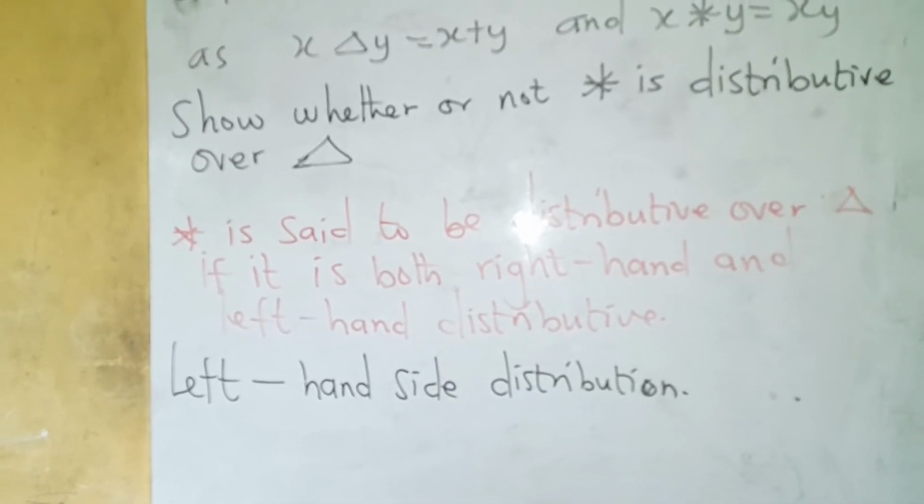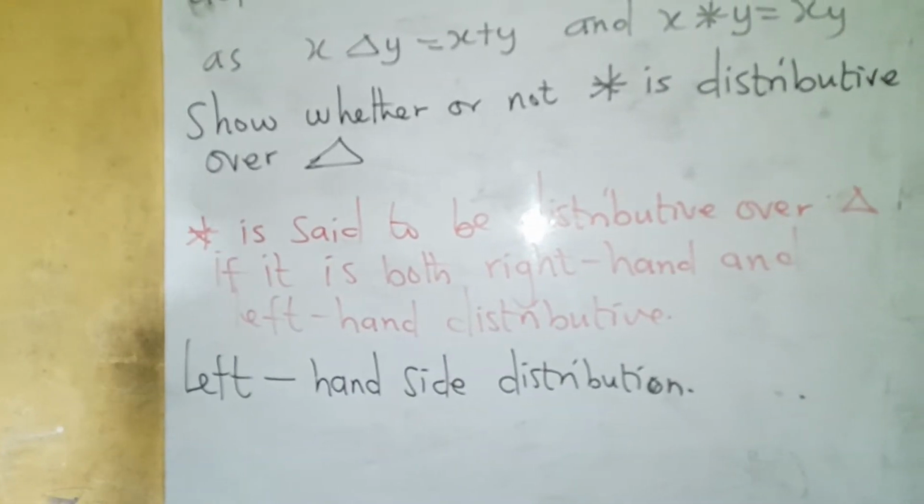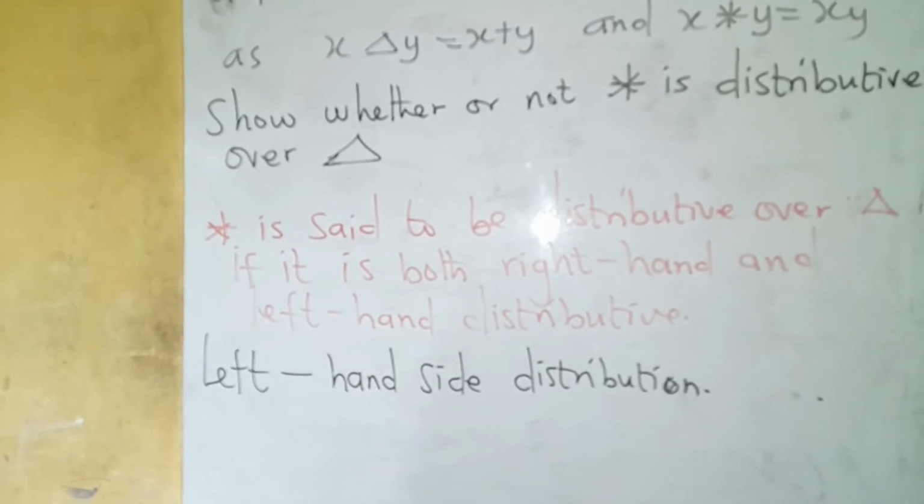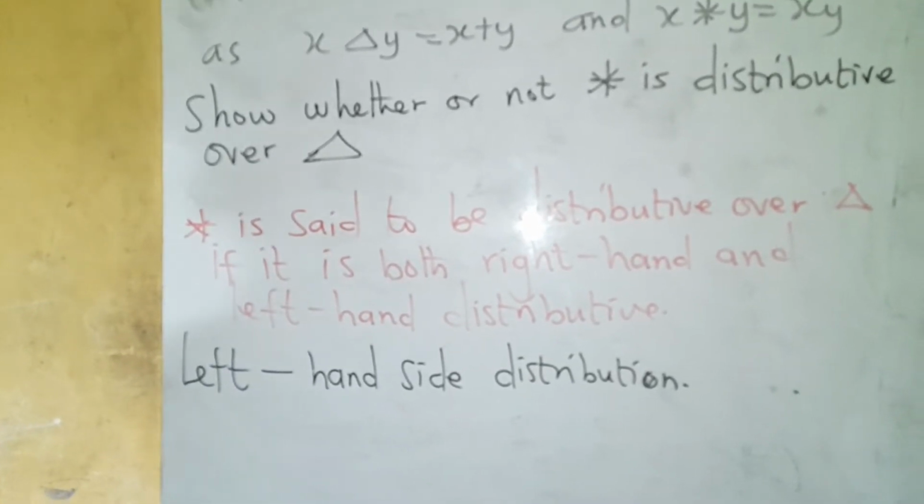So, since we have realized that star is right hand side distributive over delta, let's prove the left hand side distribution.